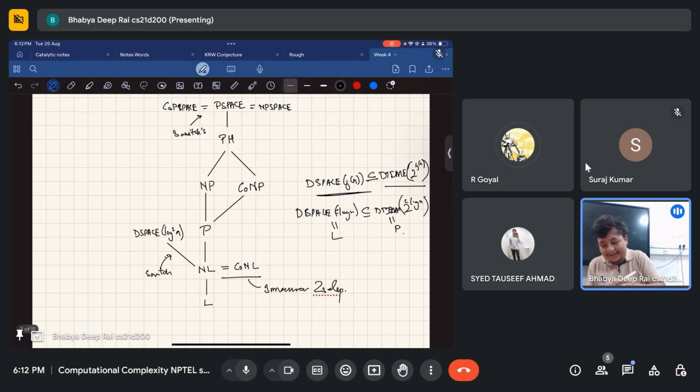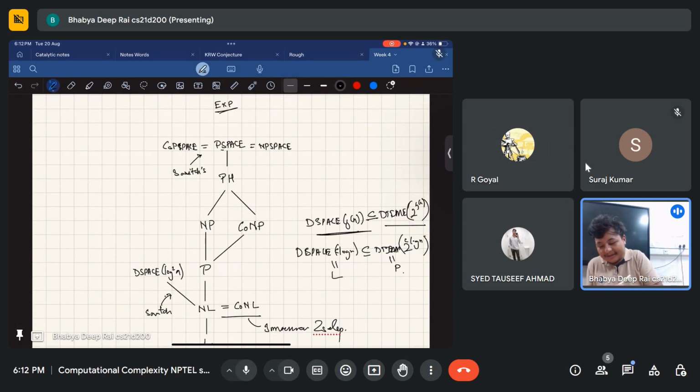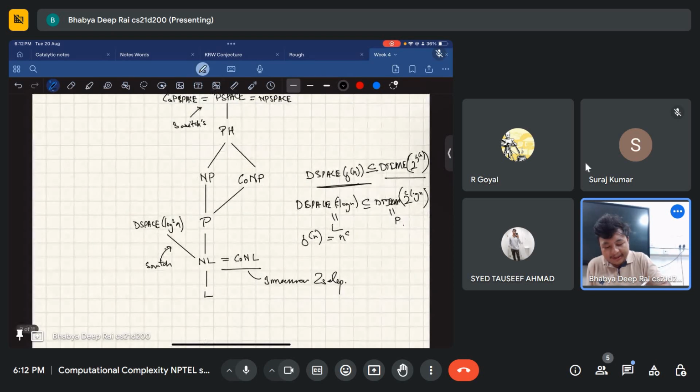Now, what is the relationship between EXP and PSPACE? Just take f(n) equal to a polynomial this time, because you are taking a PSPACE algorithm. So f(n) equals n to the c, meaning D space n to the c is contained in D time 2 to the n to the c, which is nothing but EXP.